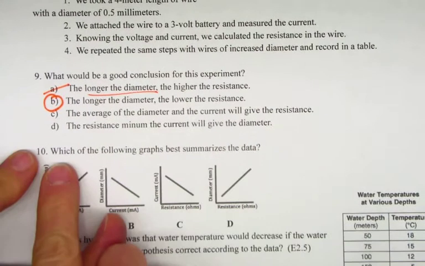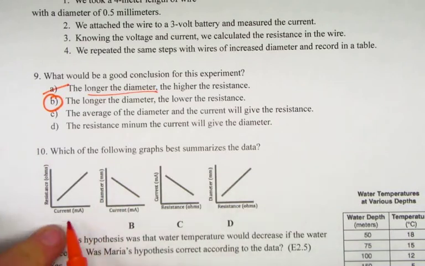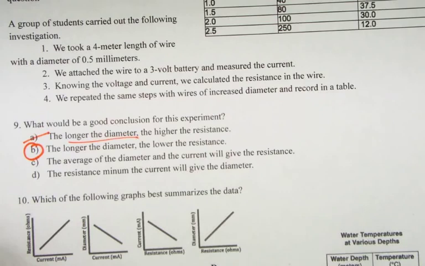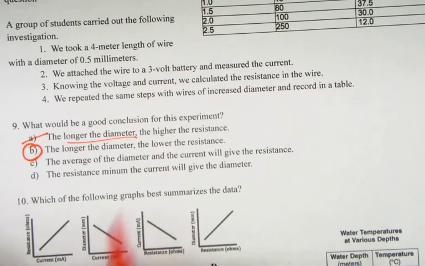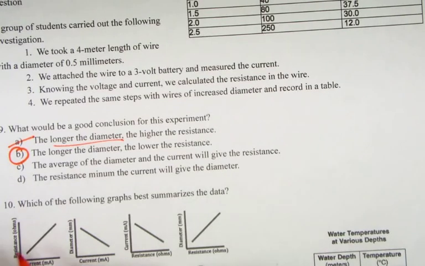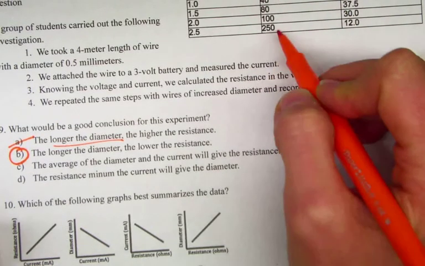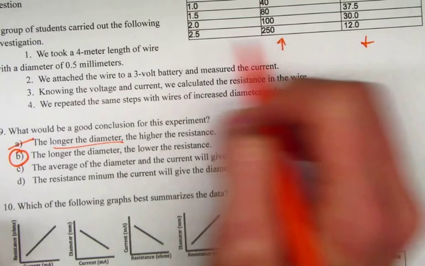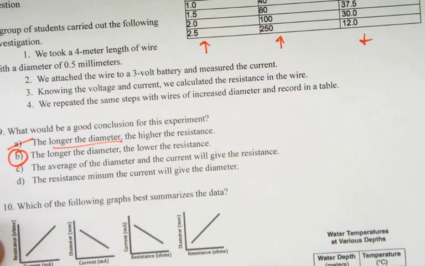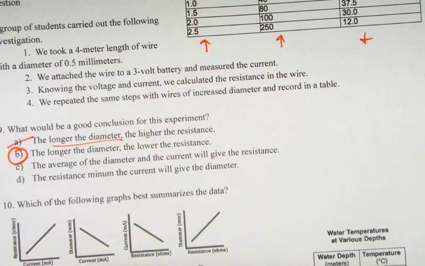For number 10, which of the following graphs summarizes this? Okay, so I have current on the bottom. I was changing the diameter, but that's okay. So let's take a look at current. When current increases, which is happening here, what does the resistance do? When current increases, resistance goes down. Well, here, when current increases, the resistance increases, so it's not A. Here, current increases. What does the diameter do?